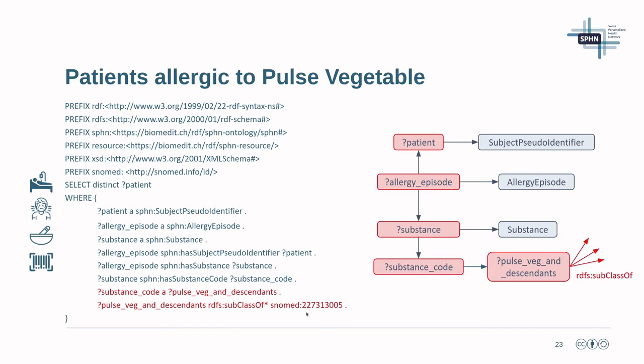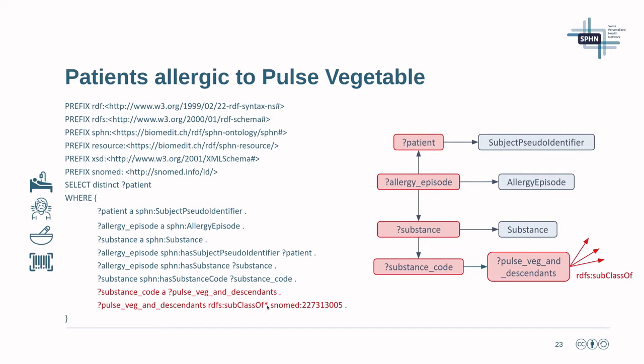So this is the code for the pulse vegetable. And in order to state that we want to get all the nested levels from pulse vegetable, and not only bean sprouts and peanut, but also the salted peanut and the peanut butter, we need to put this asterisk behind after the subclass of.